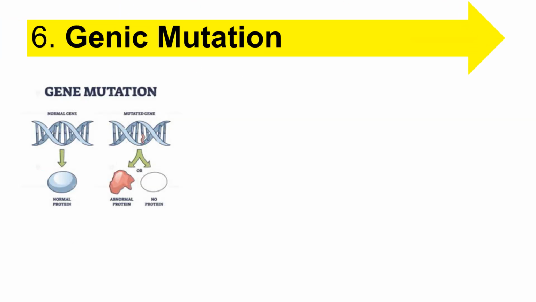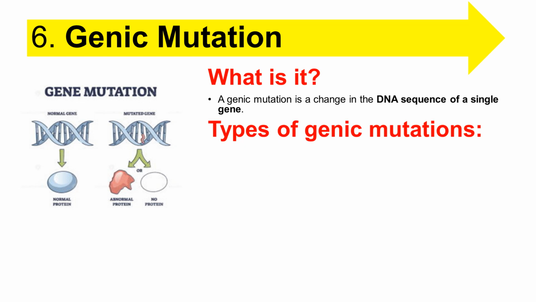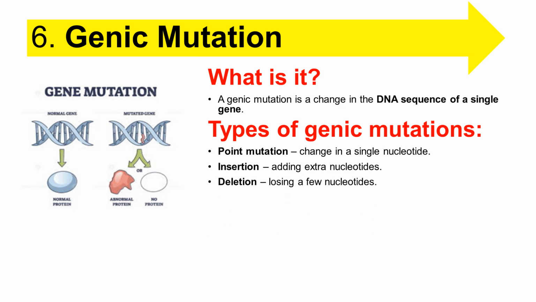6. Genic mutation. What is it? A genic mutation is a change in the DNA sequence of a single gene. Types of genic mutations: point mutation, change in a single nucleotide. Insertion, adding extra nucleotides.